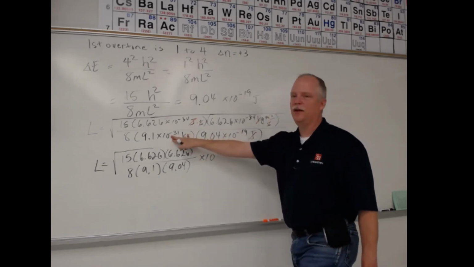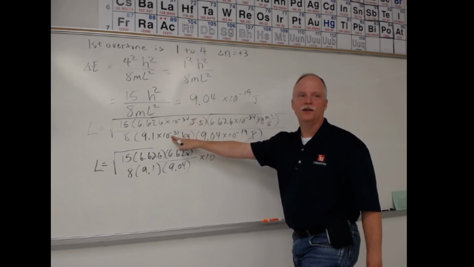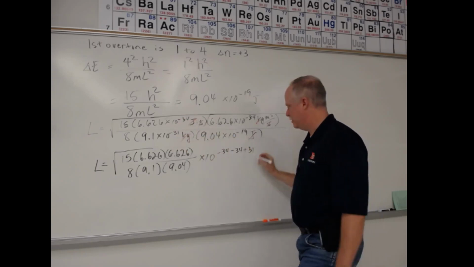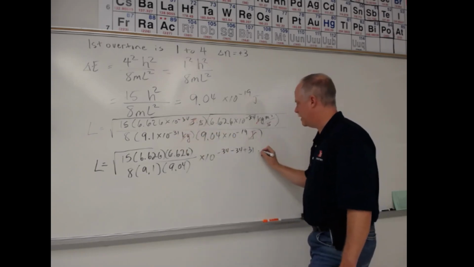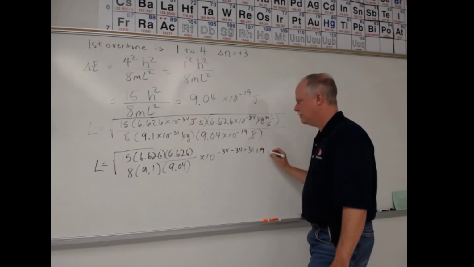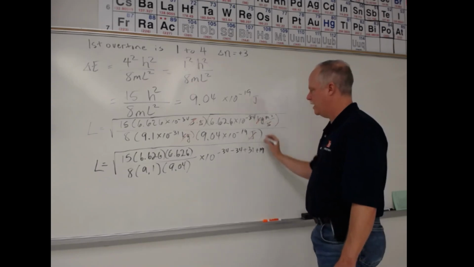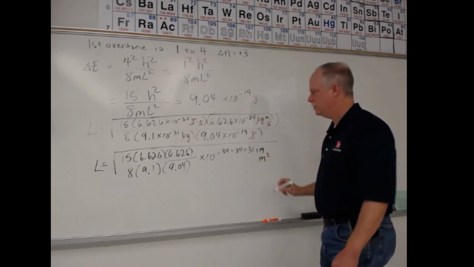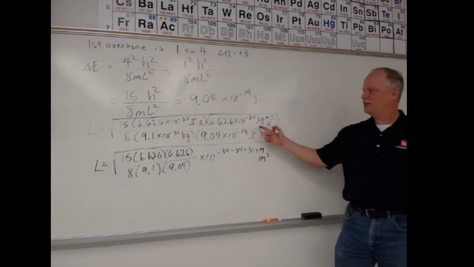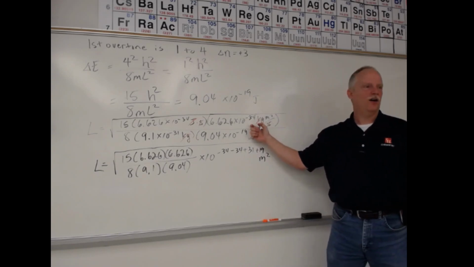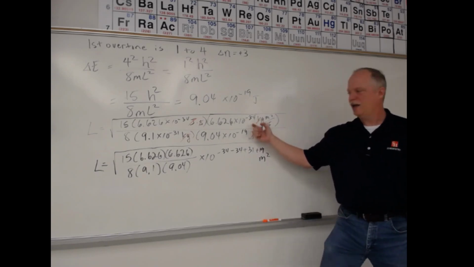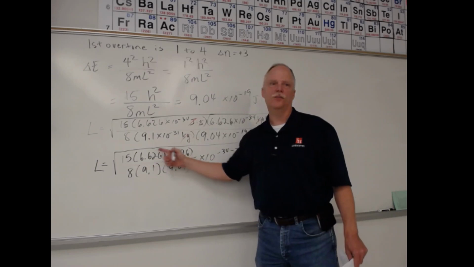Remember, don't screw up that negative. It's in the denominator, so it's minus a negative. Plus 31, and then plus 19. And then we have the square root of everything. And this is meters squared. So you take a ridiculously long calculation on a calculator, and you've reduced it to something fairly simple.